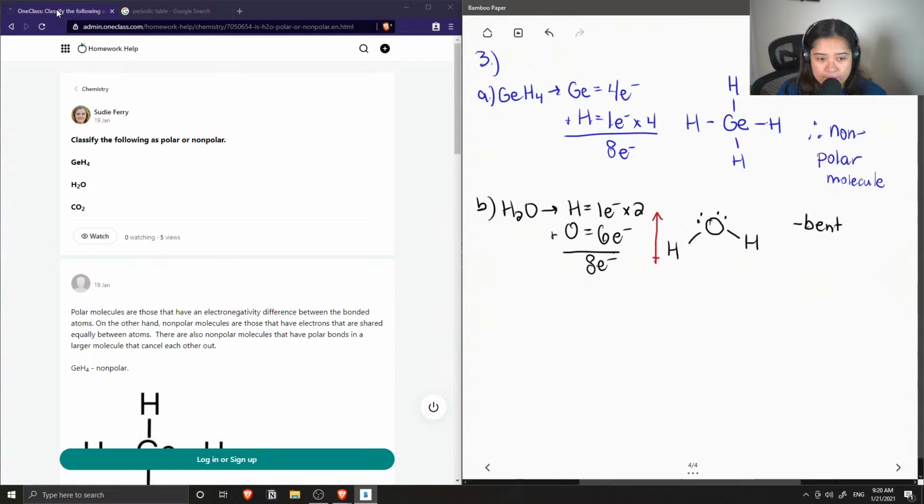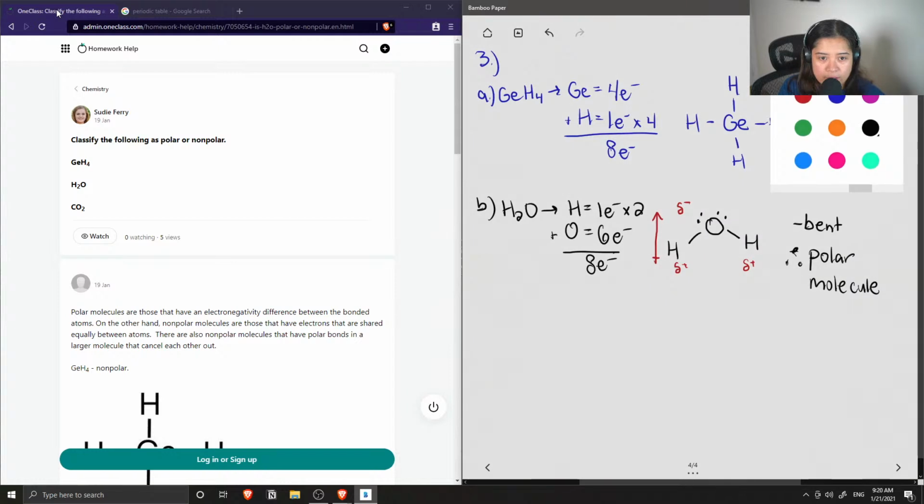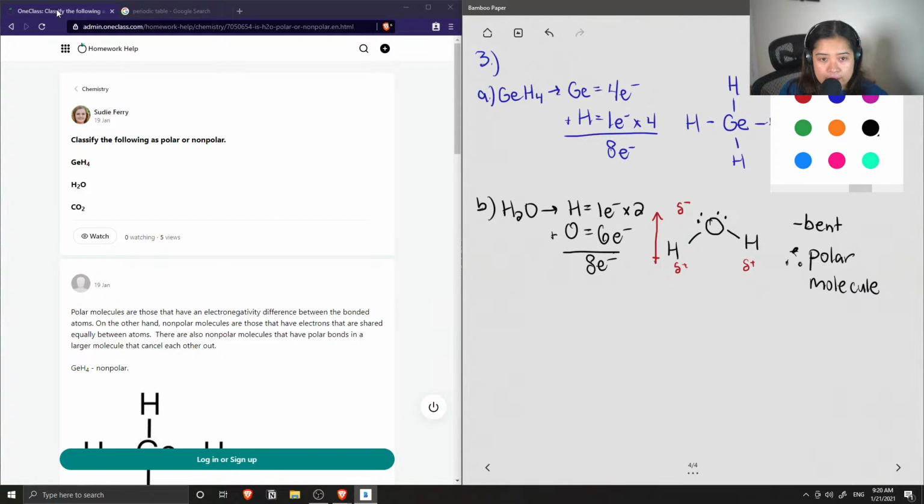So we're left with this partially negative side and partially positive side of the water molecule. So this is what makes water polar. Therefore, polar molecule. And this is because this dipole moment isn't cancelled out due to this structure of water.